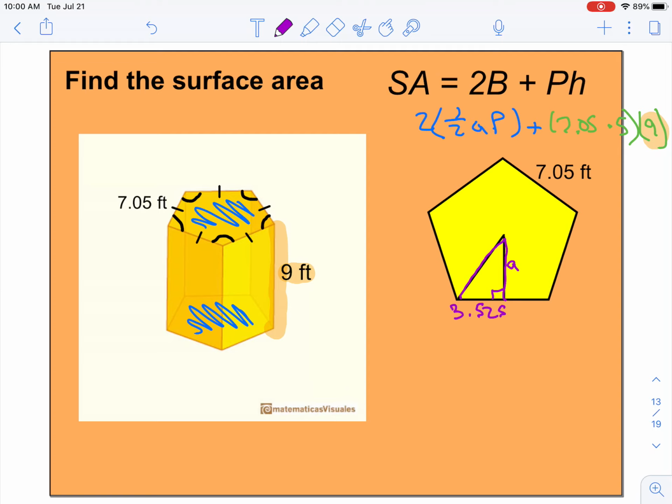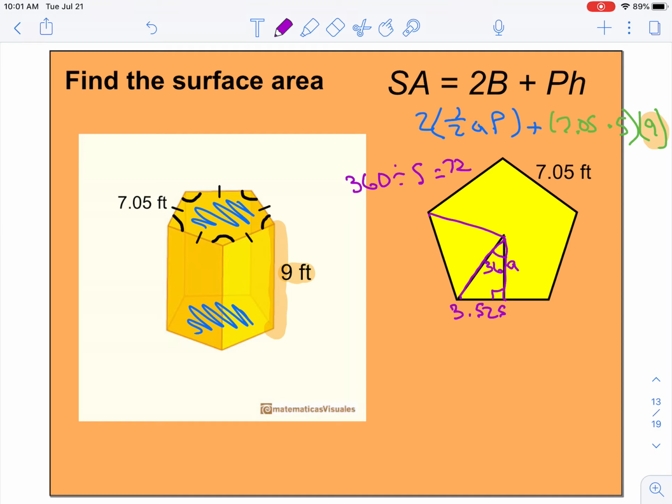So now I need to use either 30, 60, 90 or sine, cosine, tangent, but this angle right in here, I find that, remember, by taking 360 degrees divided by the number of sides, which gives me 72, which makes this angle right here 36.